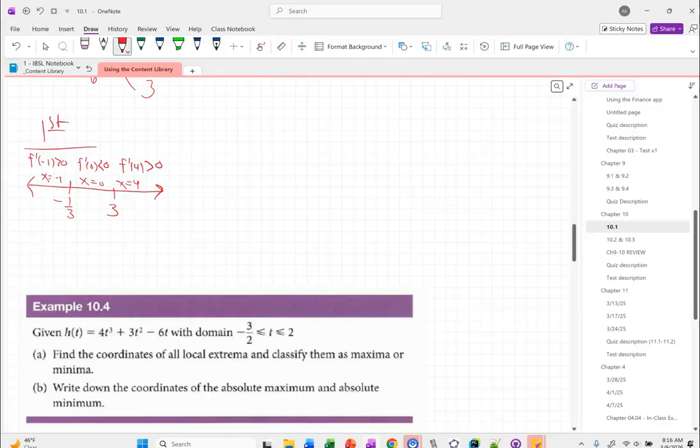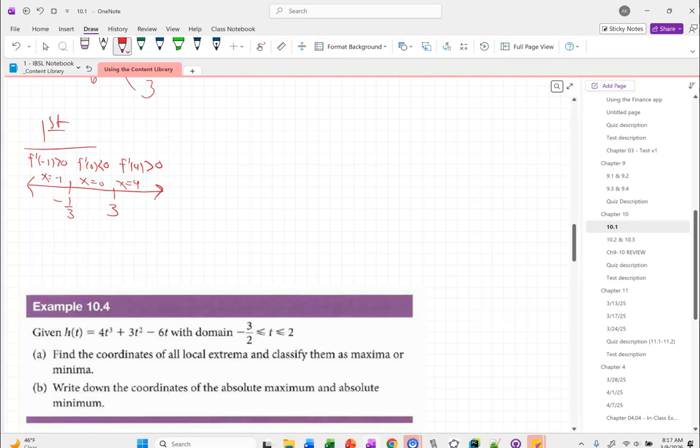Because we're going from positive to negative, what is happening at -1/3? And because we're going from negative to positive, what's happening at 3? Local min, right?